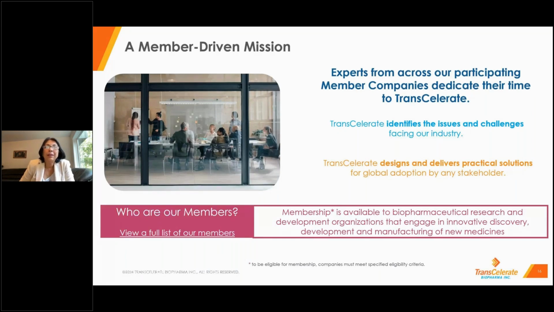And I would also like to add that Sanofi is a proud member of TransCelerate, and membership is available to pharmaceutical research and development organizations that engage in innovative discovery, development, and manufacturing of new medicines. So if any company would like to join TransCelerate, they can approach TransCelerate and see if they would qualify to be a member. Next slide, please.